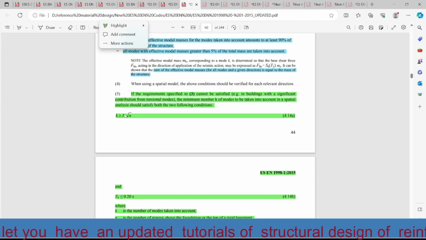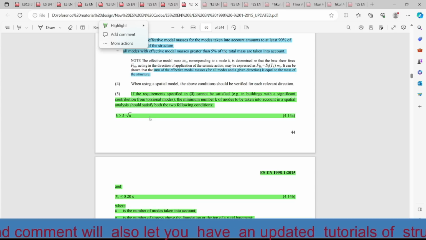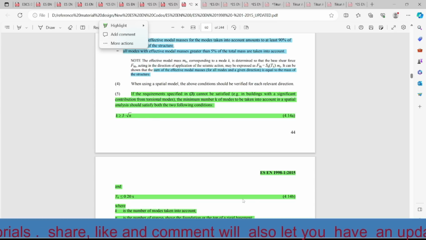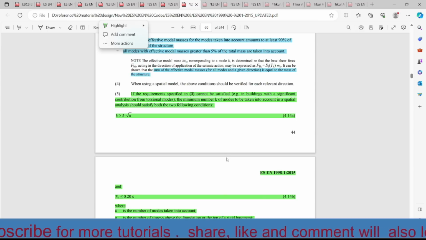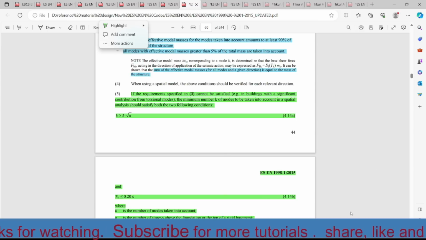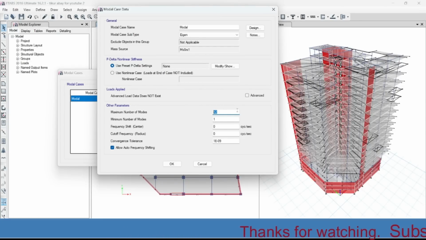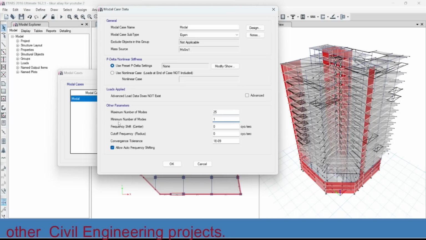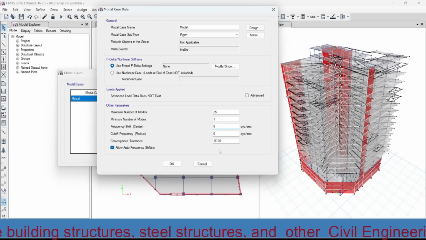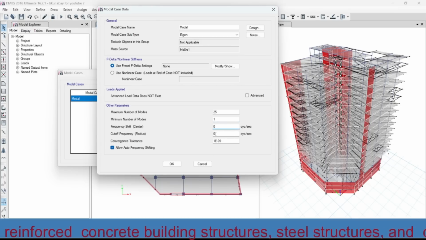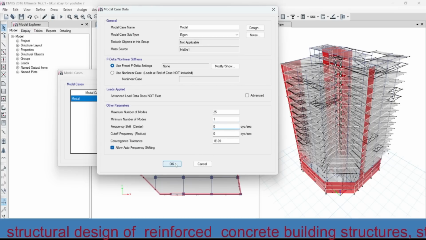So we need to use a higher number of modes in order to avoid a failed analysis. So just come here. Let's say we use 25 modes, and the minimum number of modes is 1. The frequency we can take as it is. So just click it.